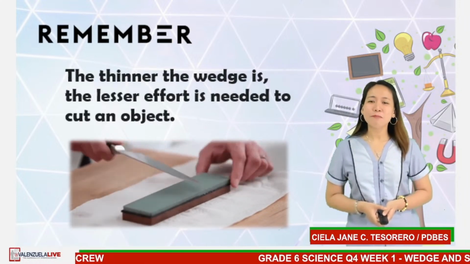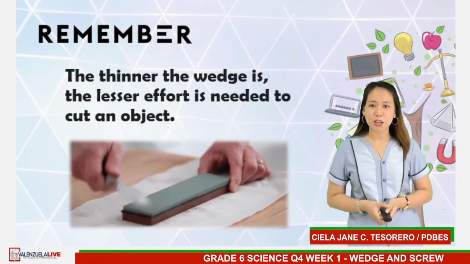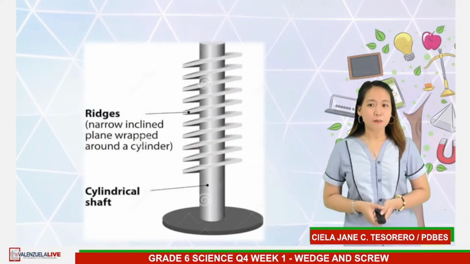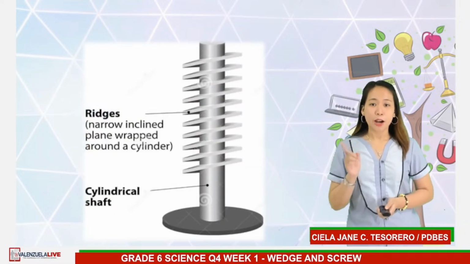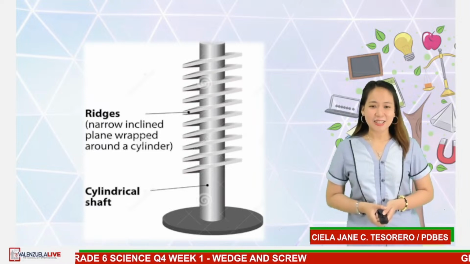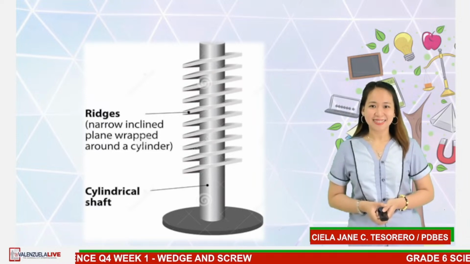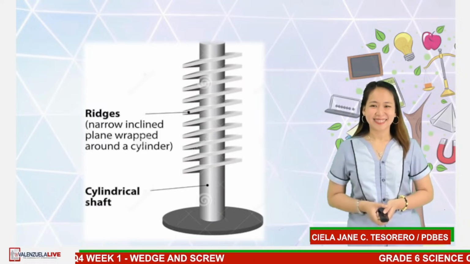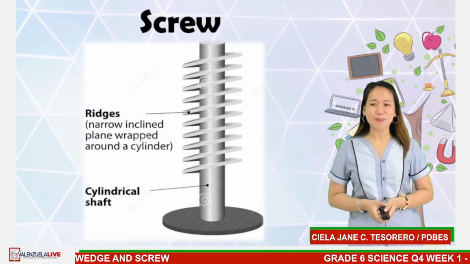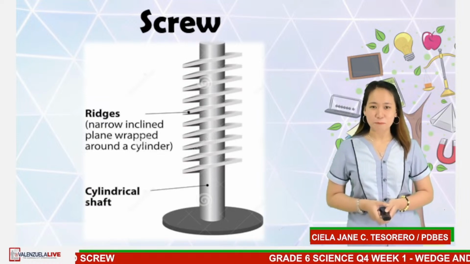So if we have simple machine from two inclined planes that form a sharp wedge, we also have a simple machine consists of an inclined plane wrapped around a cylinder. Can you guess what simple machine is this? Very good. It's a screw. And screws are spiral inclined plane.